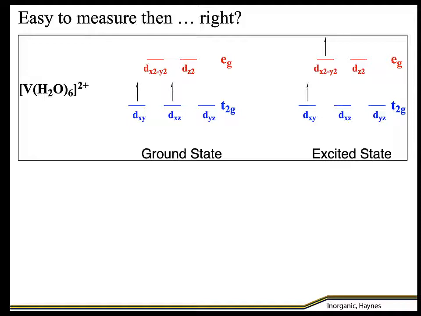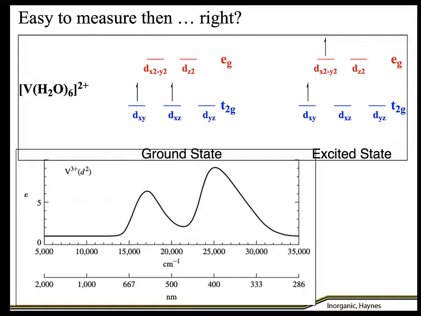And yet, when you go in the lab, if you were going to measure this spectra, we actually see two absorbances that fall in the range of D to D electronic transitions. So it's not quite as simple when you move beyond a single D electron. We now start to see multiple absorbances. So how can we connect this data to a value for delta octahedral?